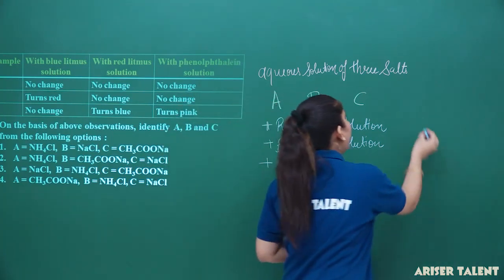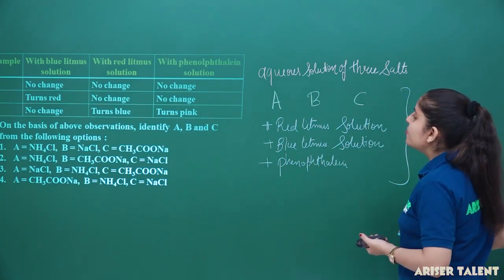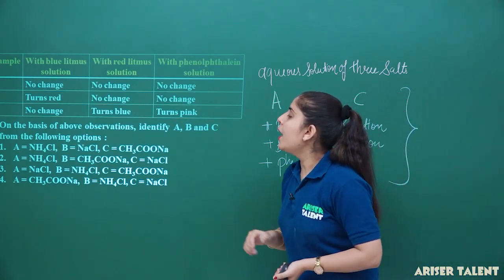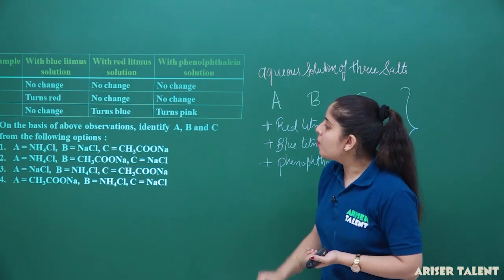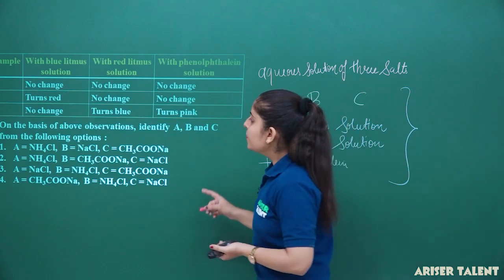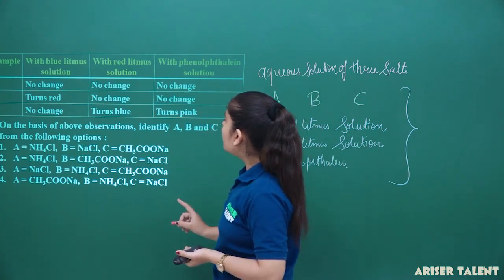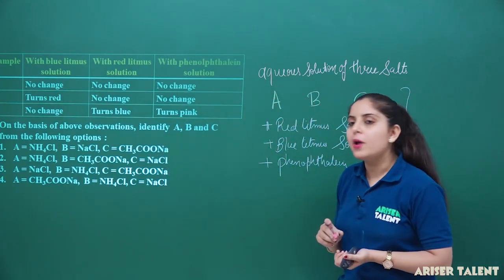So we have added these three reagents here. Now, you have to analyze the samples provided. Firstly, let us see the options we have. We are given ammonium chloride, sodium chloride and CH3COONa.